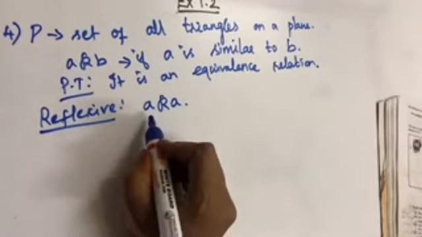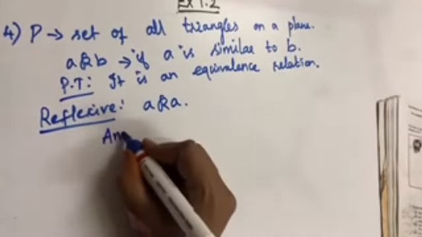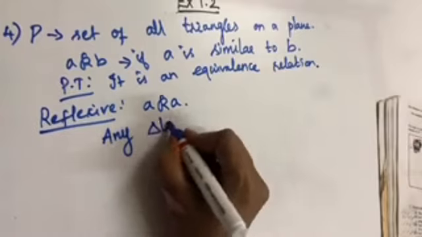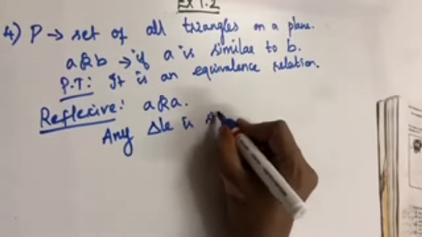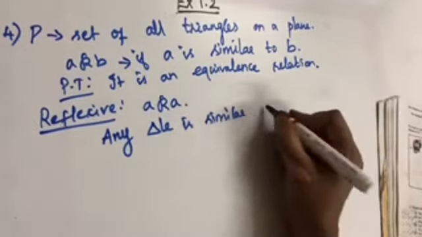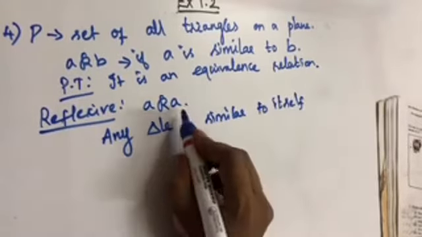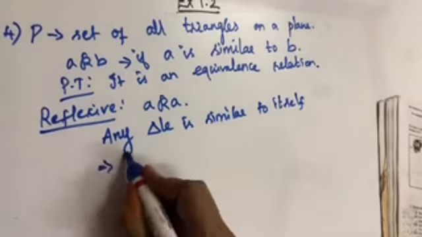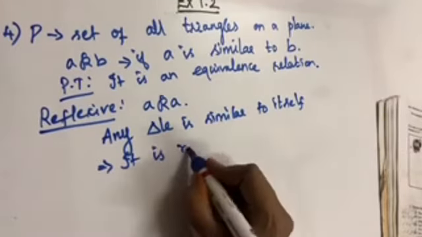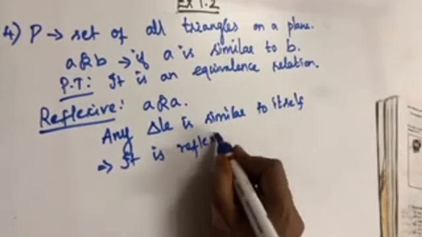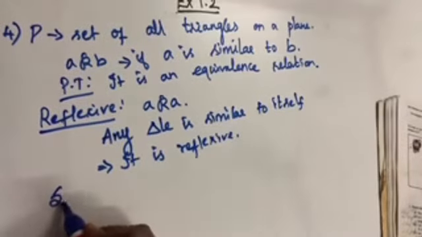Any triangle is similar to itself. So A is related to A. It is reflexive. What's the second condition? Symmetric.